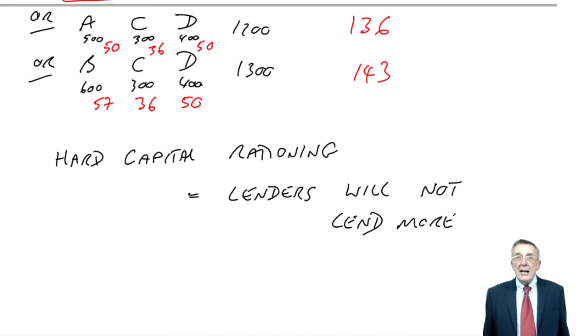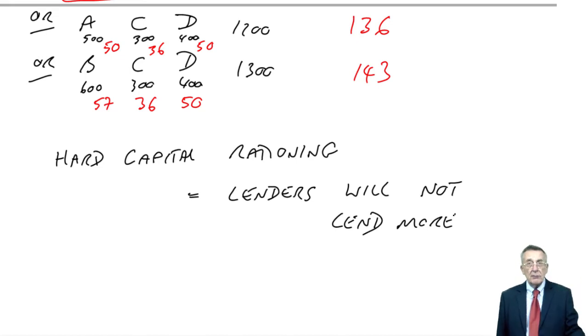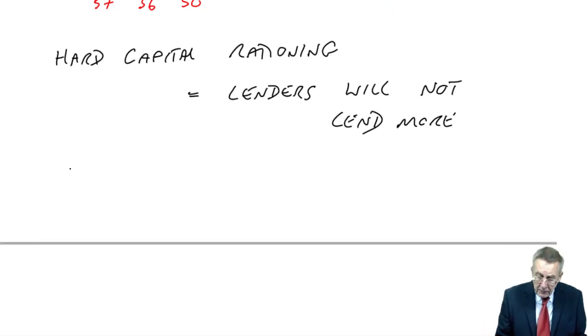If our lenders will only lend us 1600 maximum, then of course we've got rationing, and that's called hard capital rationing. However, there's another reason, which is in fact probably more common, called soft capital rationing.